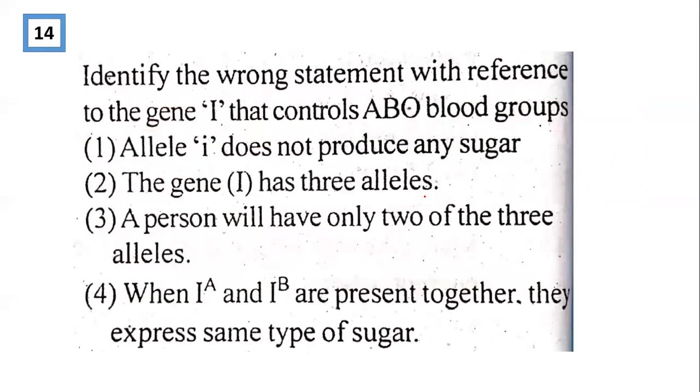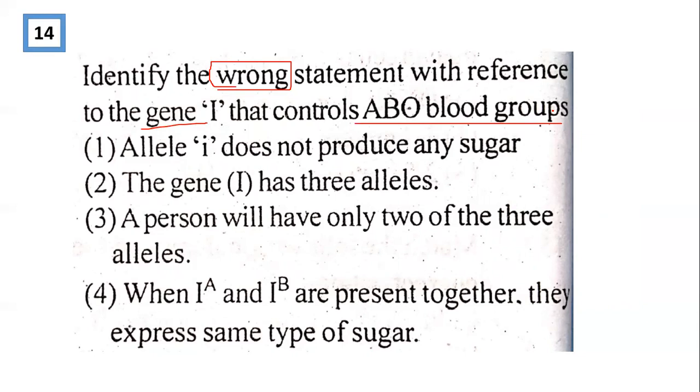Question number 14. Identify the wrong statement with reference to the gene I that controls ABO blood groups. Number 1, allele I does not produce any sugar. Is it right or wrong? It's clear. It's a right statement only.